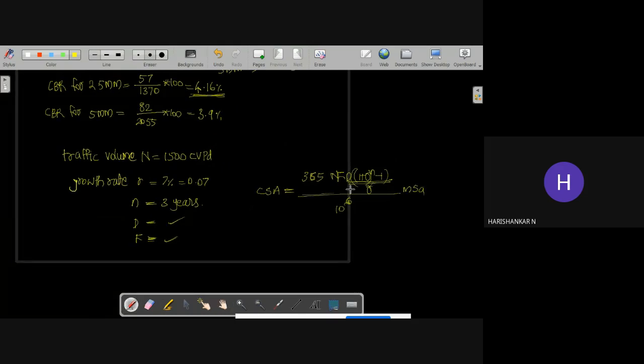You can substitute all the values directly, it's given. Once you substitute, then you will get this much.